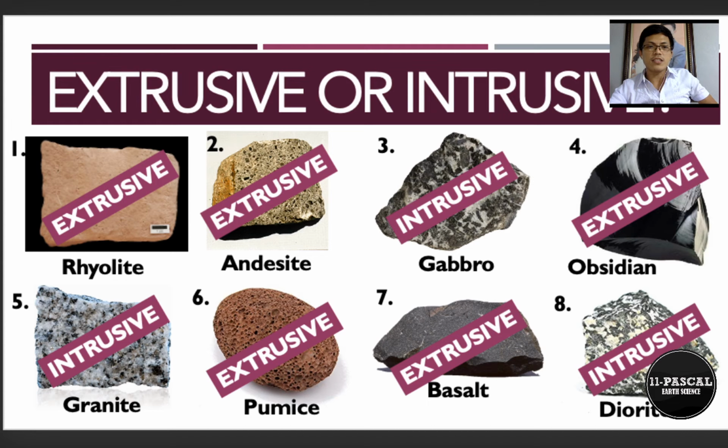So rhyolite is extrusive, andesite is extrusive due to the depth of formation. Okay, gabbro is intrusive, it is formed underground. And then we have extrusive for obsidian, intrusive for granite, extrusive for pumice, extrusive for basalt, and then diorite. It is also an intrusive type of igneous rock.